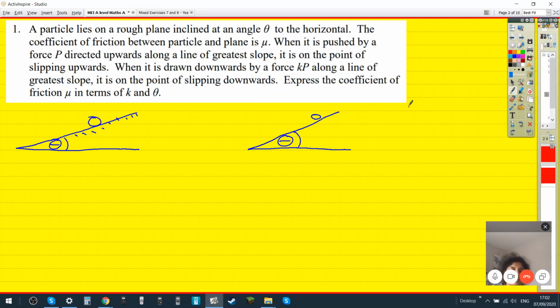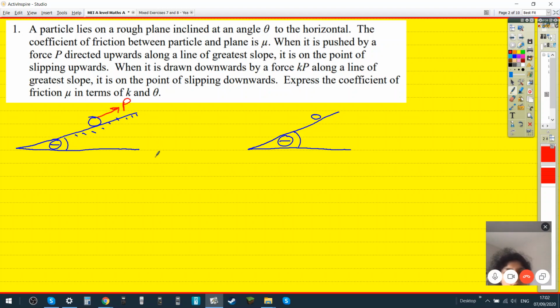So for the one going upwards, that would be P, and then that would be F as well. Wait, no, there wouldn't be friction because it isn't actually... Wait, I don't know. Would there be? So this P, is it in this direction?